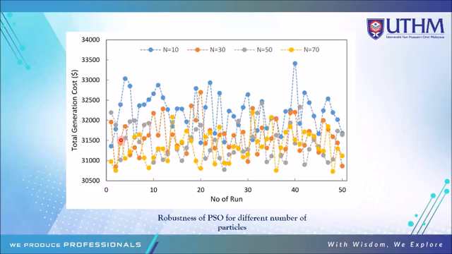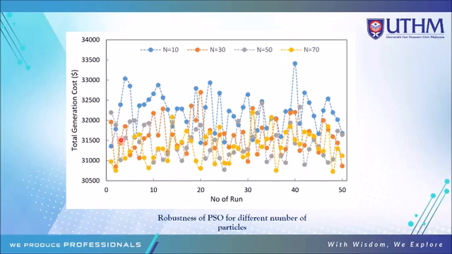This is due to the high complexity of the problem. In this case, we can say the problem has quite high complexity because we have 160 variables. So the problem becomes very complex, and most algorithms cannot produce a robust, consistent result.